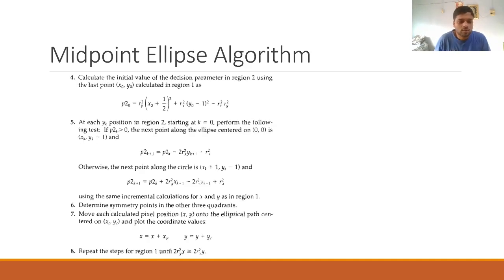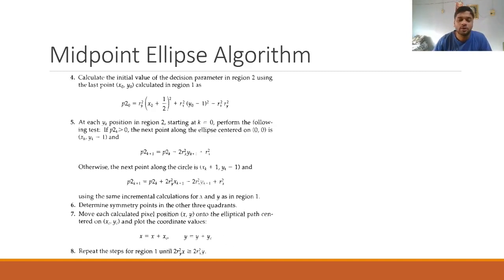Move each calculated pixel position (x, y) onto the elliptical path centered on (xc, yc), and while copying we will also translate the ellipse center onto (xc, yc) by this calculation, and it will happen for each quadrant.